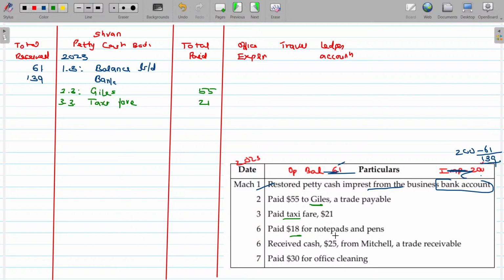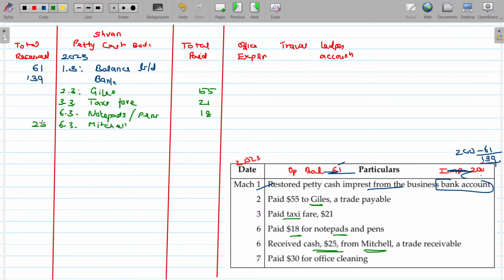Paid 18 for notepads and pens, 6th March, this value being $18. Received cash 25 from Mitchell, a trade receivable. You are receiving from whom? Mitchell. On which date? On the same date you are receiving. Also this is falling under ledger account. Mitchell, the value being 25 received.